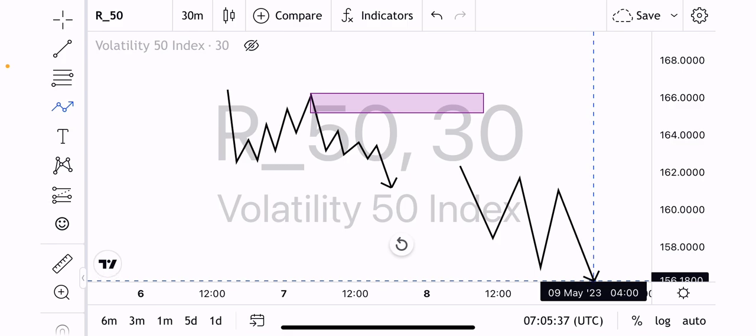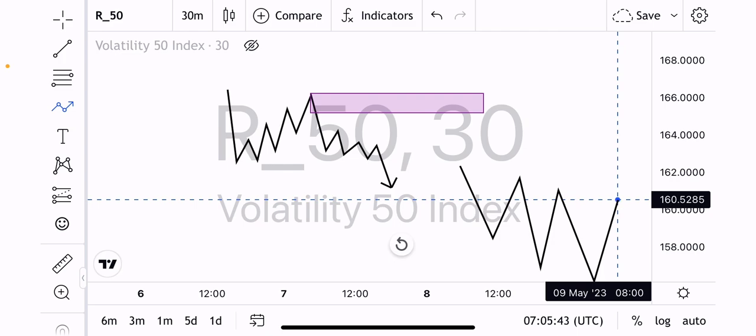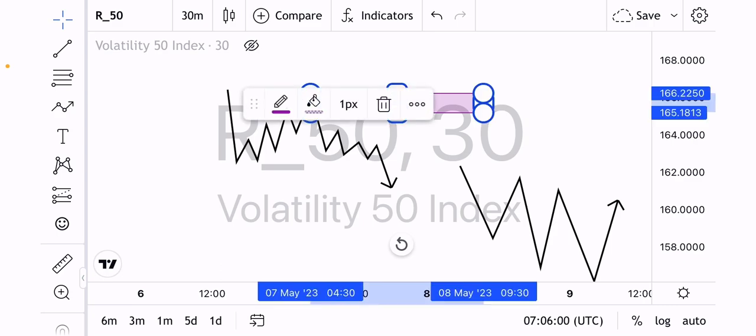You are expecting the market to return back to a sponsored candle, which is around this area, before you take your trades. You are expecting it to come back to a significant resistance zone, or go back to a significant support zone before taking your trade, and that is what we call our origin. Okay, the market started selling from this high.